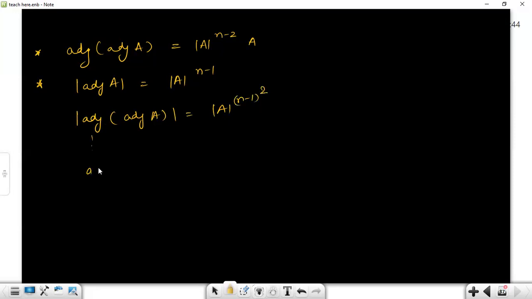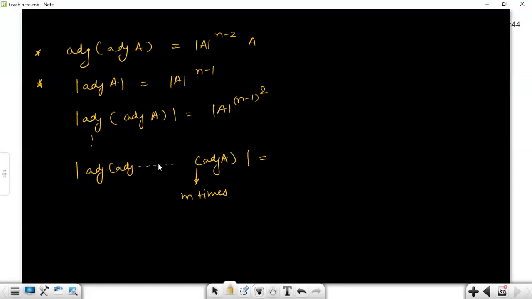And generally we can write the adjoint of adjoint of A, and this is happening m times. Like there was adjoint only one time, here two times, where the adjoint is taken on the adjoint.